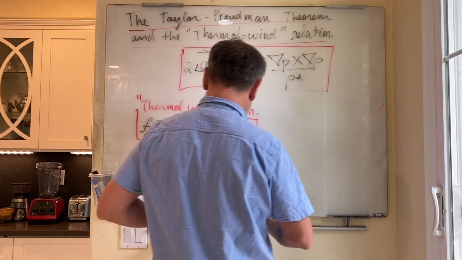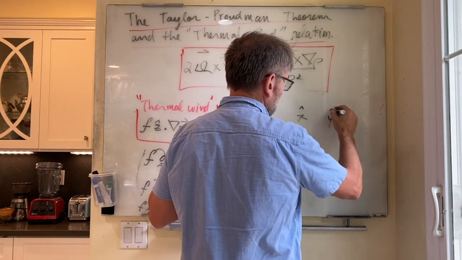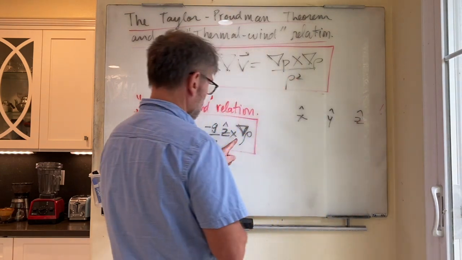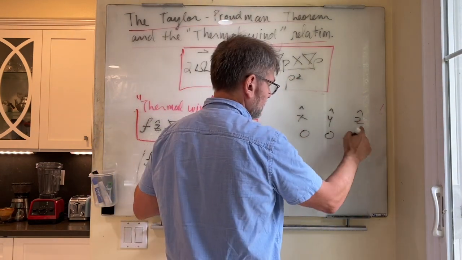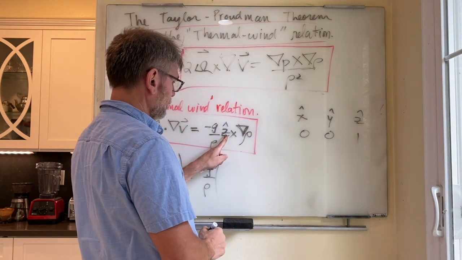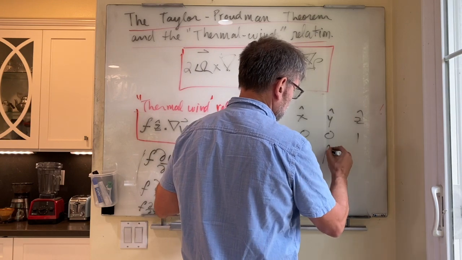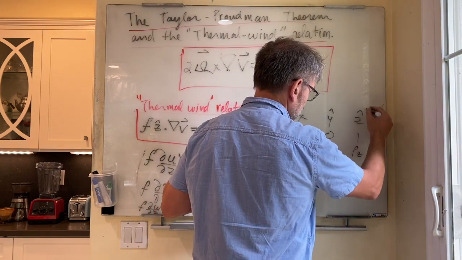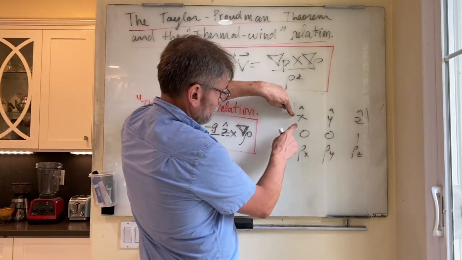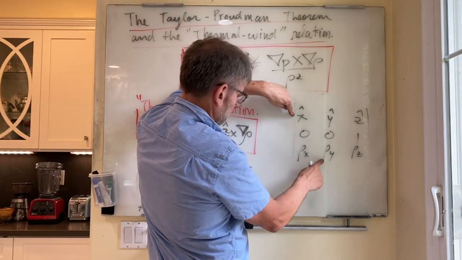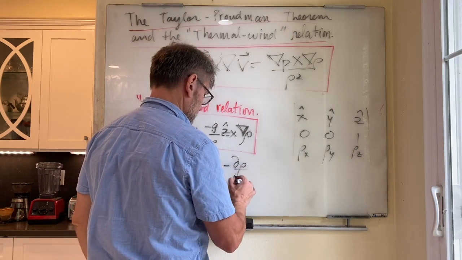So if I want to take this cross product, I have x hat, y hat, and z hat, crossed with z, so the z vector is 0, 0, 1, just a z hat component. Then grad rho is d rho dx, d rho dy, d rho dz. Right? And I evaluate this. The first component will be minus d rho dy.